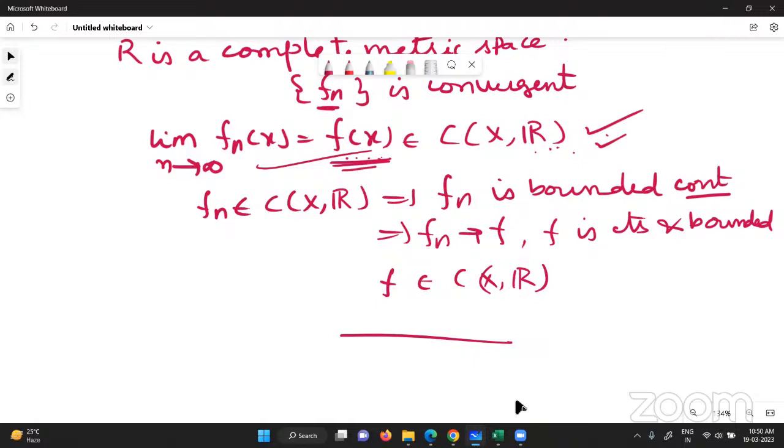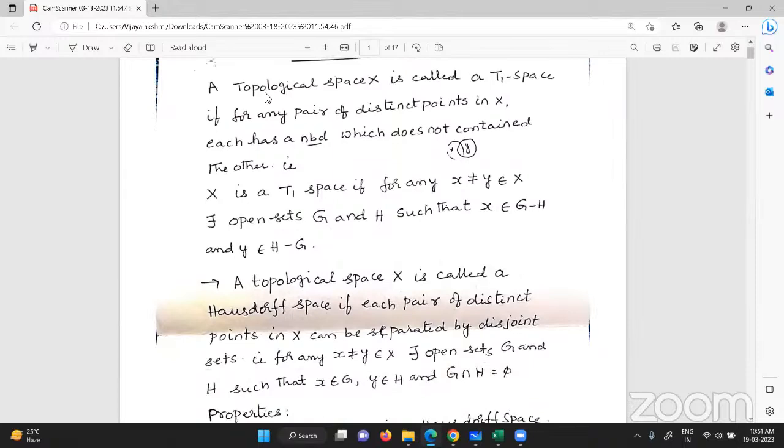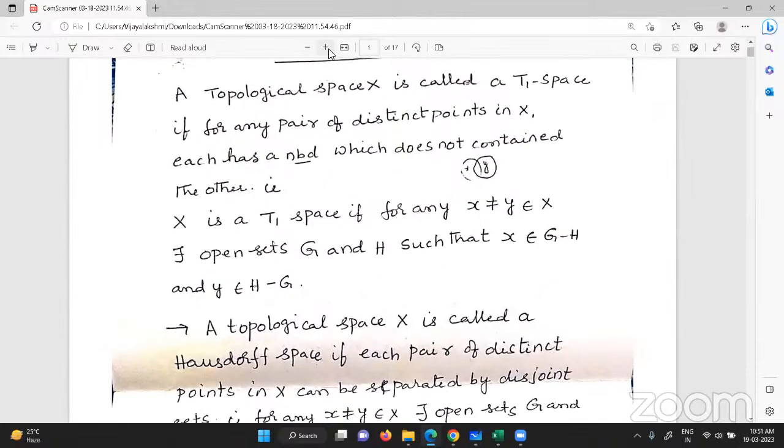Let me explain what all we have discussed so far. Afterwards, I will share these notes with you in the group or somewhere in the class. Let us revise what we have discussed so far on separation.